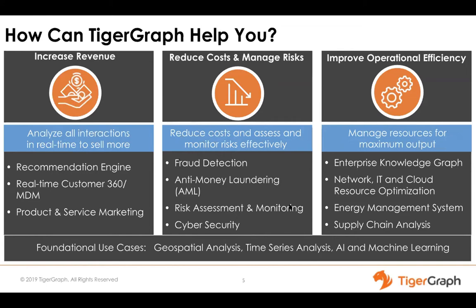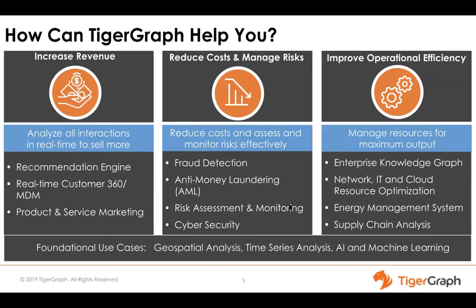Recommendation engine, real-time customer 360, product service marketing, all of these will help you increase your revenue. Fraud detection, anti-money laundering, risk assessment and monitoring, cyber security, these are sample use cases that you would use to reduce your costs and manage your risk.